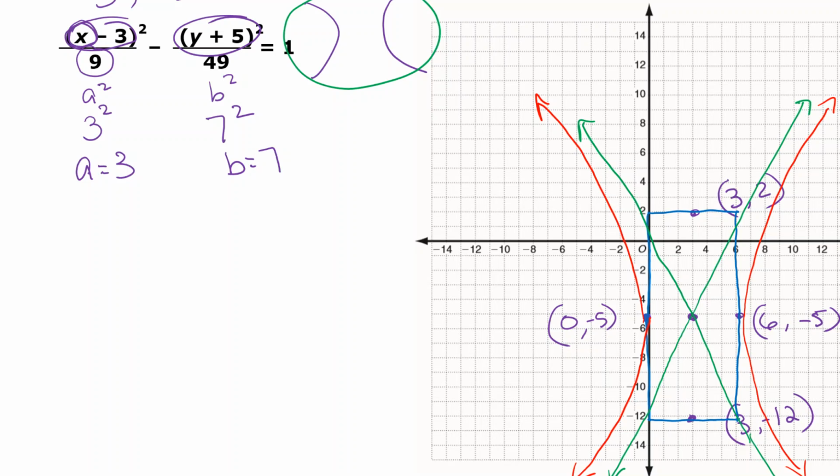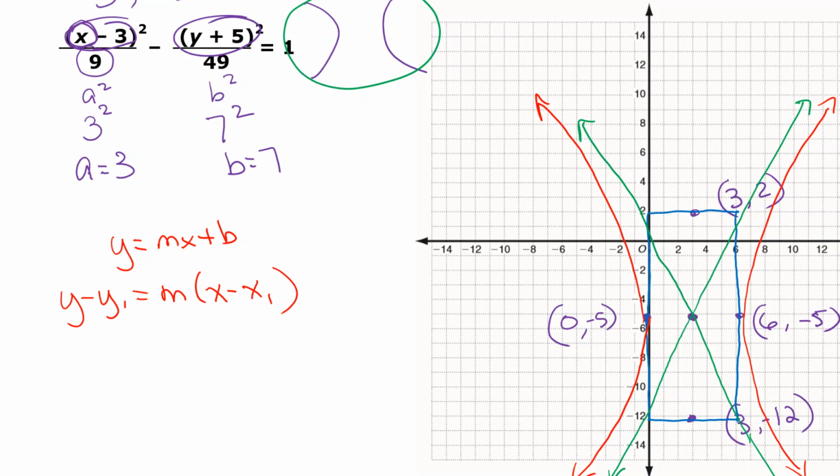There's only one thing left that we need to do, and that's to write our equation for our asymptotes. Now, you may remember our easy y equals mx plus b equation for a line, but there's also another equation for a line that is really helpful, and that's our point slope equation, which is y minus y1 equals the slope times x minus x1.